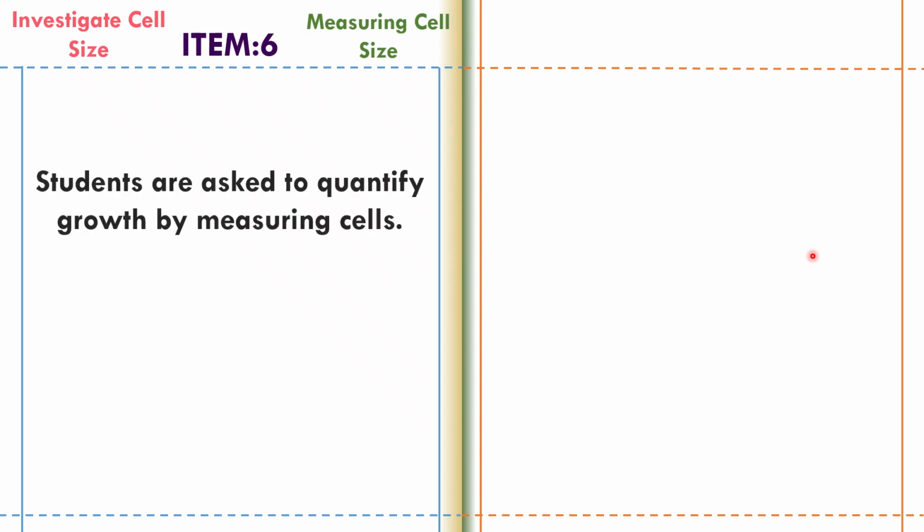We are still investigating the cell size. Item 6: measuring cell size. Students are asked to quantify growth by measuring cells.